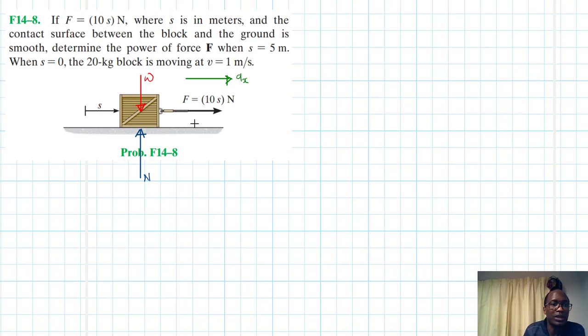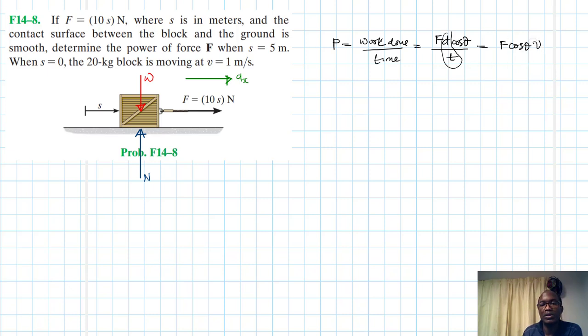Alright, so it has covered 5 meters, and the question is to determine the power. We know that power itself is the rate at which energy is released. So power is equal to the work done divided by time, and this is just equal to F d cosine of the angle between the force and displacement, divided by time, and then this becomes F cosine theta times velocity, right?